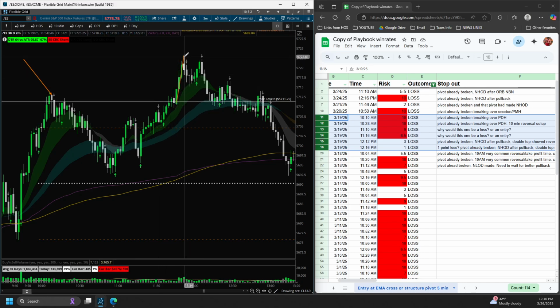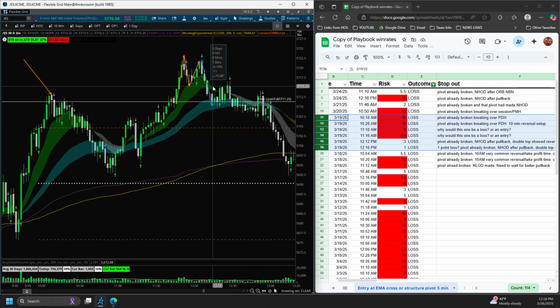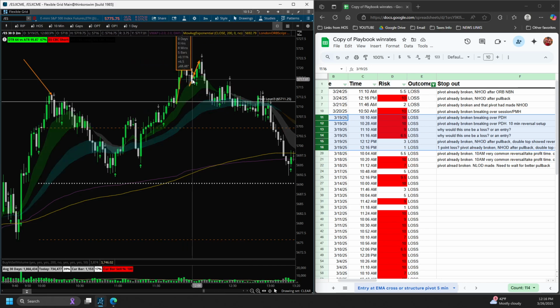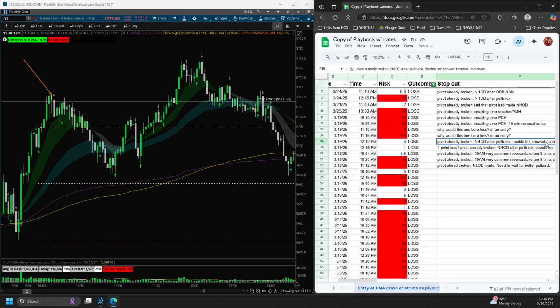It has this M pattern set up, so it's like, do I really want to go long here, or do I want to wait for the real bulls to show me that they're present? Depending on how you wanted to use it, that could have been extreme. But I definitely saw the double top there. The double top showed reversal.